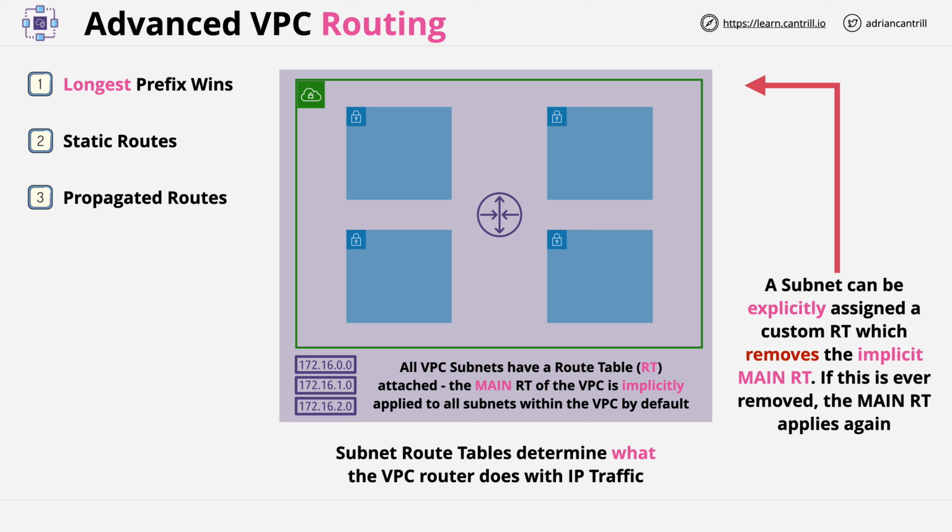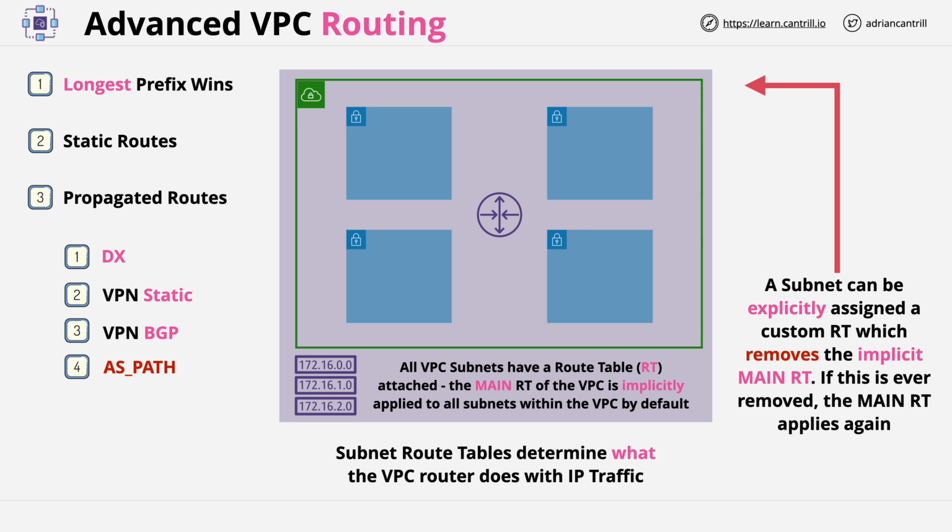For any routes learned via a virtual private gateway, the next priority order is that routes learned from a direct connect are used first, then routes learned via a static VPN, then routes learned via a BGP-based VPN, and if you still have multiple valid routes at this point, so routes that are both learned via propagation, both learned via BGP, and both with the same prefix length, then AS path is used as a decider.